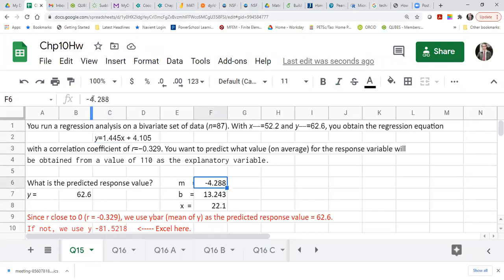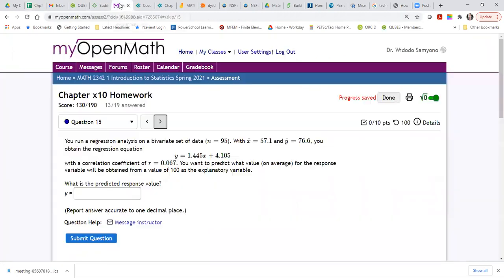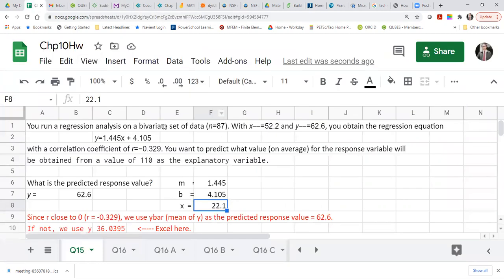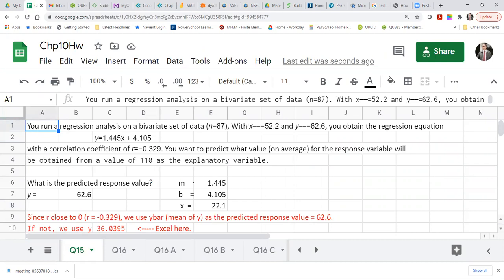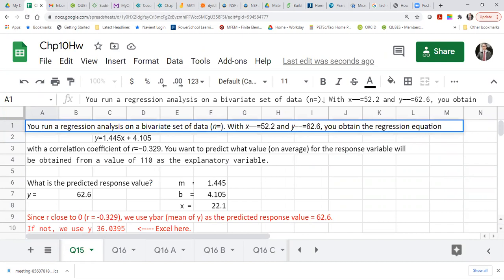So this one will be 1.445, right? And the b is 4.105. And the n will be the one that you have here, 95, right? Okay, so let me put this on.